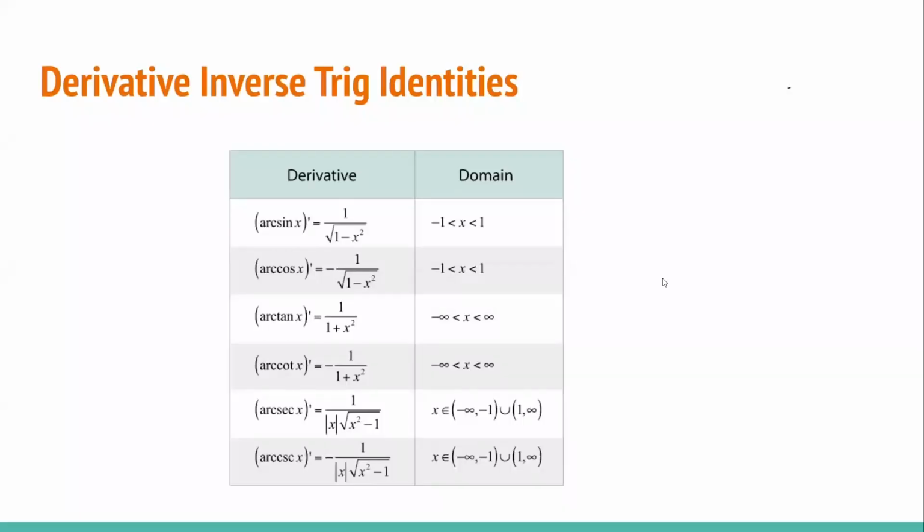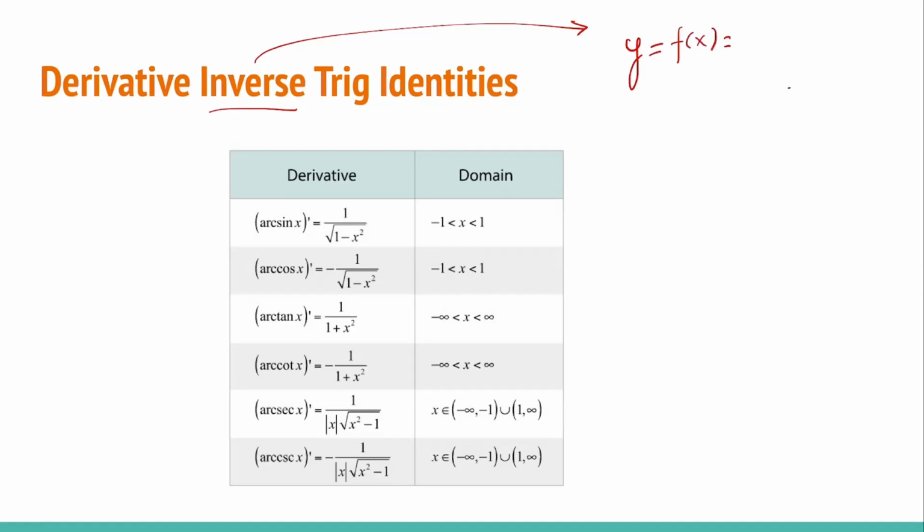Cool. Just like the regular derivatives of trigonometric identities, we also have formulas that we need to consider for inverse trigonometric identities. So let's quickly recap what an inverse function is. If you recall from your pre-calculus or algebra class, an inverse function is only a definition of a function: y equals f of x.